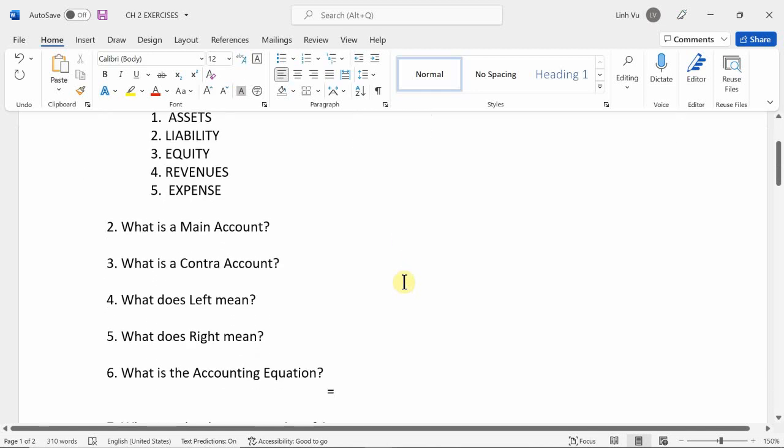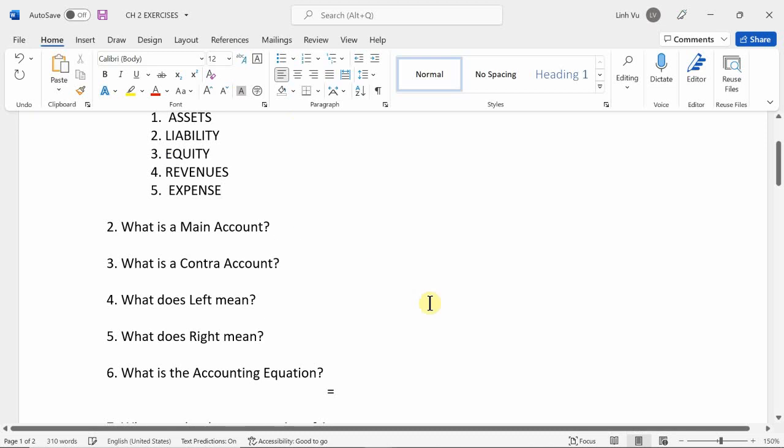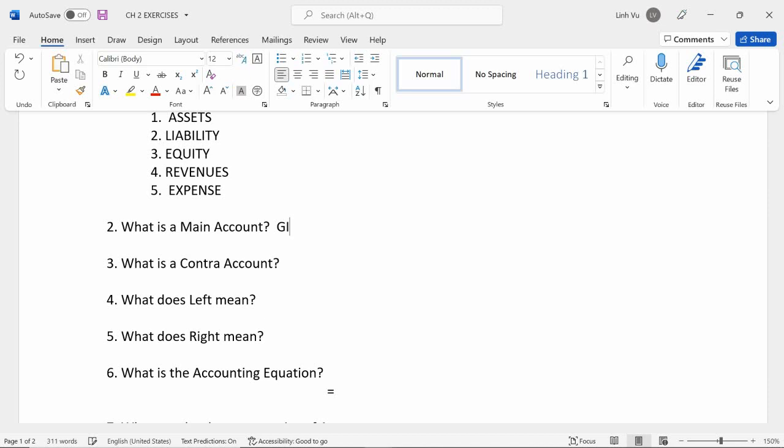What is a main account? It gives meaning to the account type. Good. Gives meaning to account types. What is a contra account? Opposite, right?